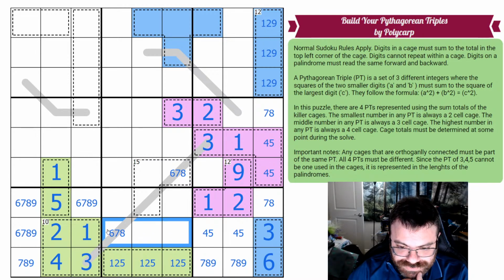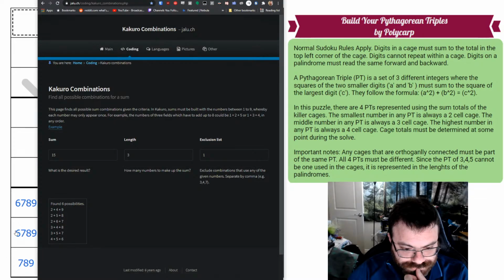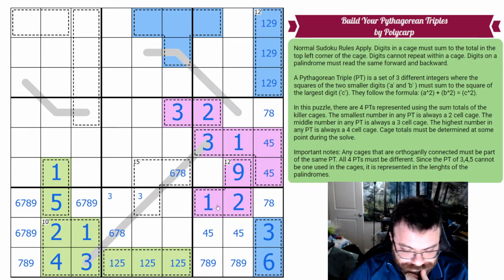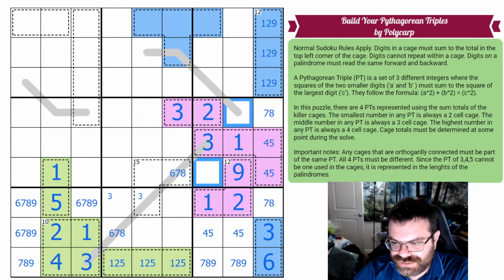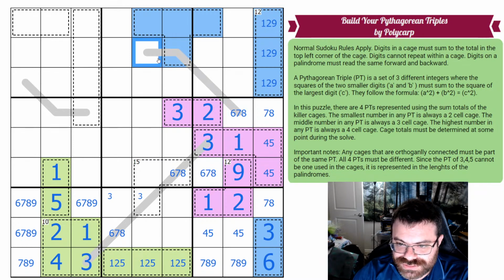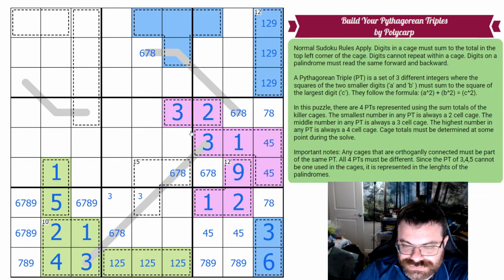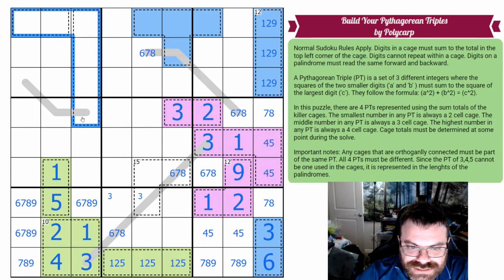3 in box 8 can be placed. Just limited to these two. Let's see, we have 1, 2, 3, 4, 5. We need 6, 7, 8. So this is 6, 7, 8. Maybe I should be looking at these other triples.